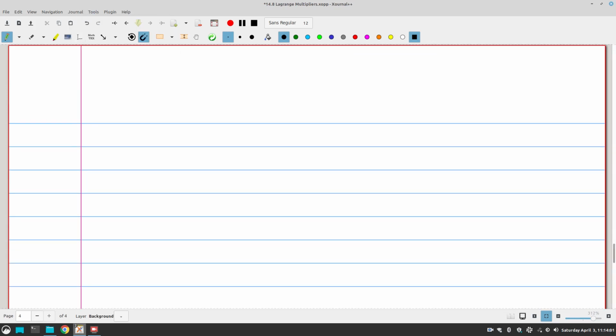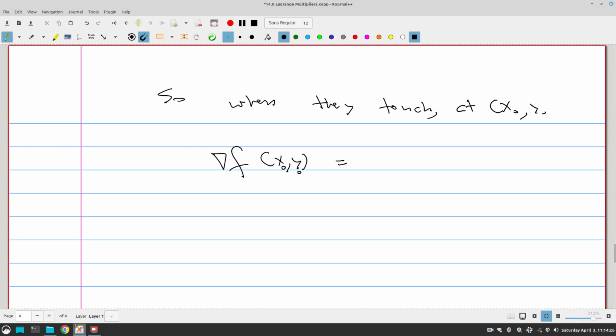So this tells me that when they touch, let's say they touch at the point x naught, y naught, we have del f at x naught, y naught equals some constant lambda times del g at x naught, y naught.